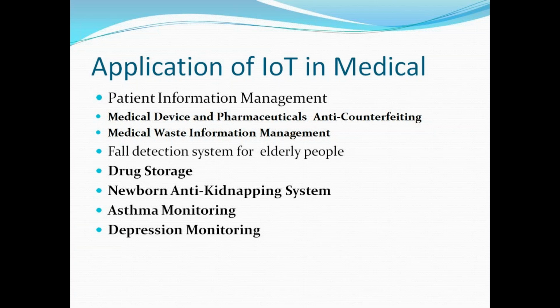The next one is the medical waste information management system. As you know, in medical we have different types of waste, and a few are very dangerous for human health or even the health of living beings, like used syringes, needles, and a few chemicals which are harmful for living things.